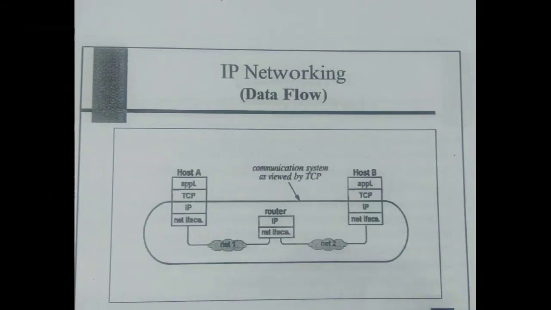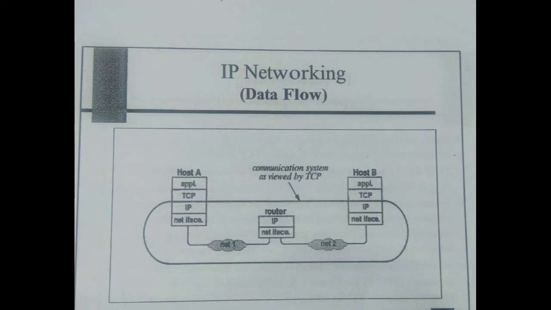So let's discuss two networks. Host A is there and host B is there. We are transmitting and communicating between both hosts. The host A has application, TCP and IP, and network interface at network 1 and again network 2. In the router we have IP and network interface.